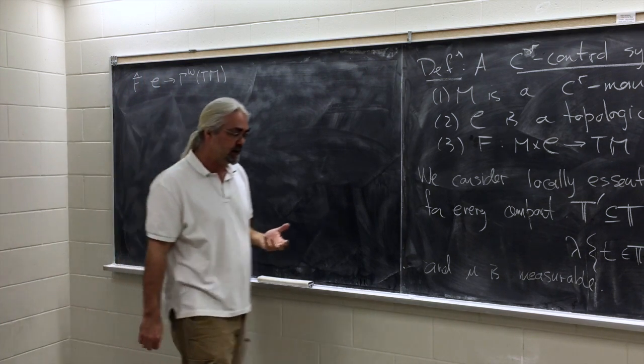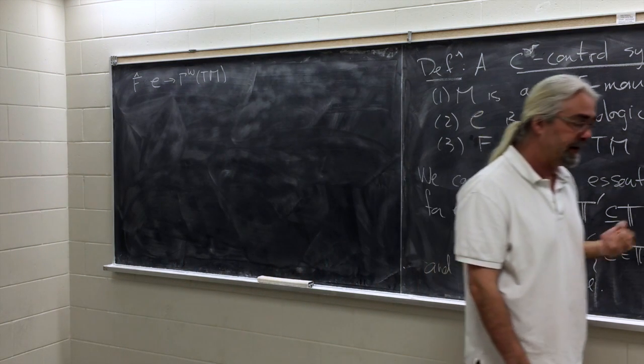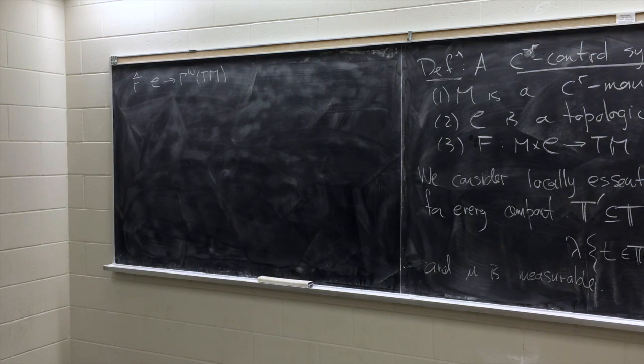In the analytic case, these semi-norms are indexed by compact sets and by sequences of positive real numbers converging to zero. So in principle, it's not an easy thing to check.